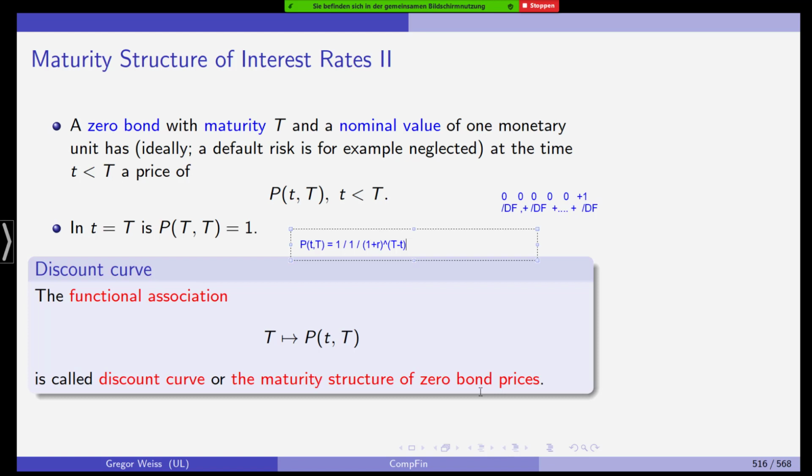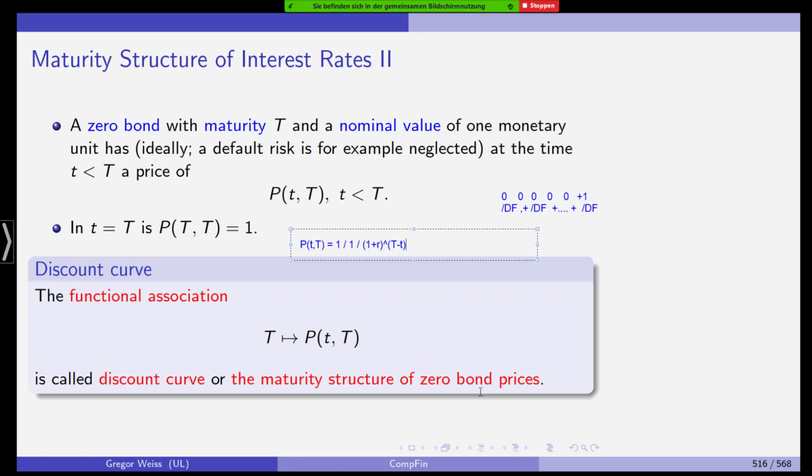Ganz typisch in der Finanzmathematik ist es so, dass Sie Bonds und gerade Zero Bonds immer auf den Nominalbetrag 1 normieren und standardisieren. Wozu führt das? Ganz einfach, dass dann nämlich letztlich die Zero-Bond-Preise am Ende nichts anderes sind als die Diskontierungsfaktoren.